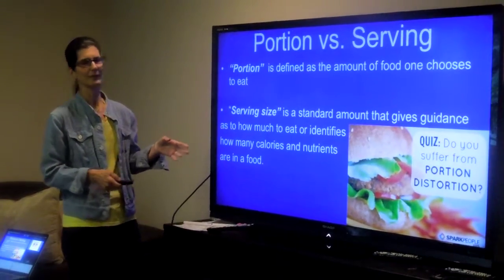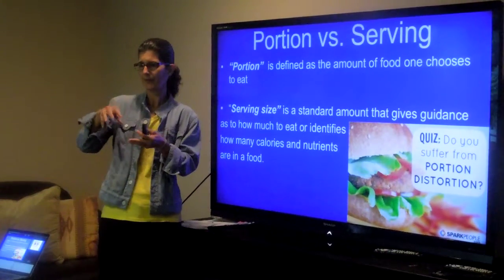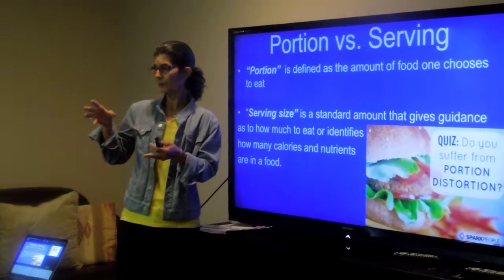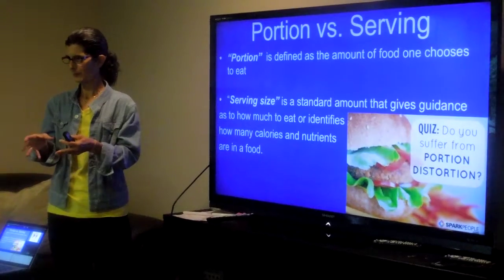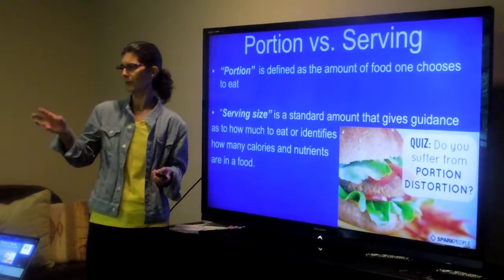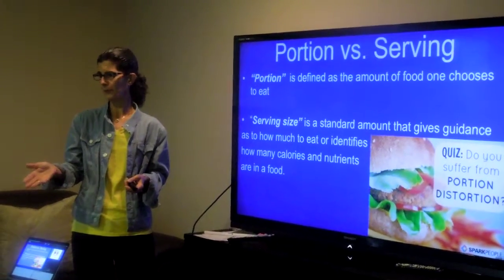So a portion is defined as the amount of food that you actually placed in your bowl. So Liam, the actual 3 cups of what you served yourself, that is the portion. The actual serving size would have been the 3/4 cup that is stated in the product food label.